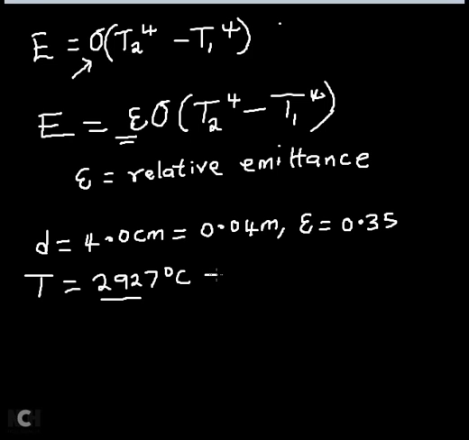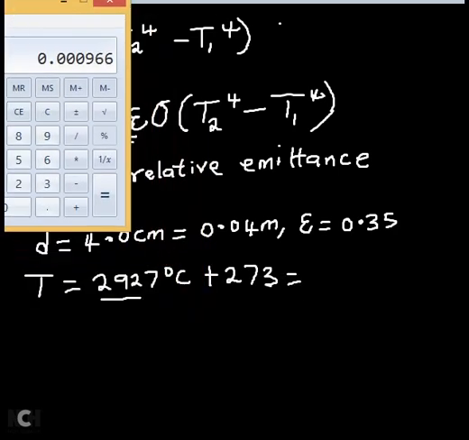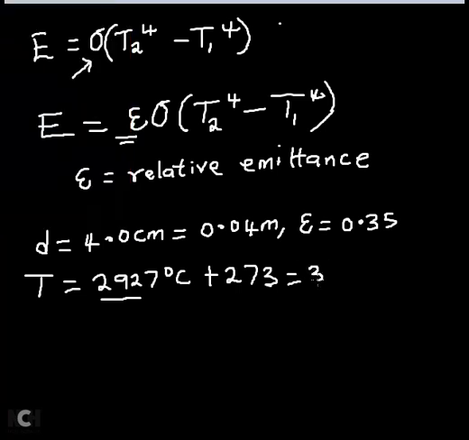Let's do that with the calculator. 2927 plus 273 is 3200. So 3200 is the temperature in Kelvin, the absolute temperature.